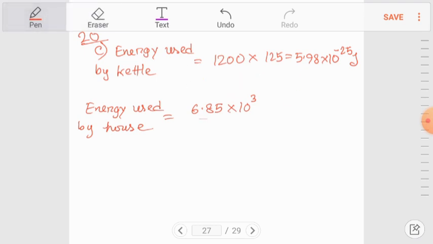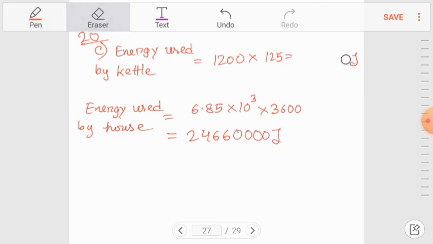So that's why we're multiplying by 10 to the power 3 into 3600, and it gives you a value of 24660000 joule. I made a mistake. If you calculate 1200 and this, you get a value of 15000 joule. This is the value for the energy used by the kettle, and this is the value for the energy used by the entire house.